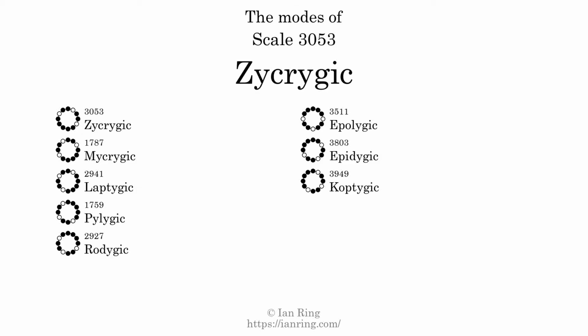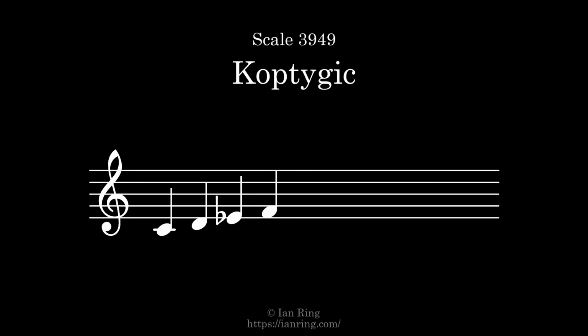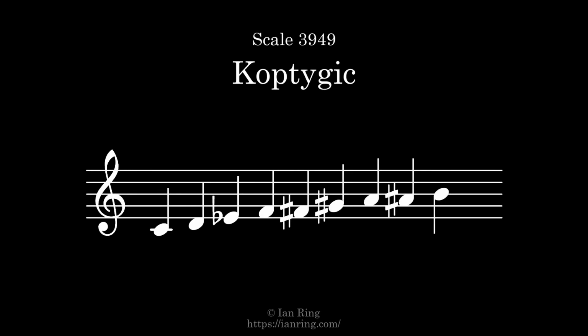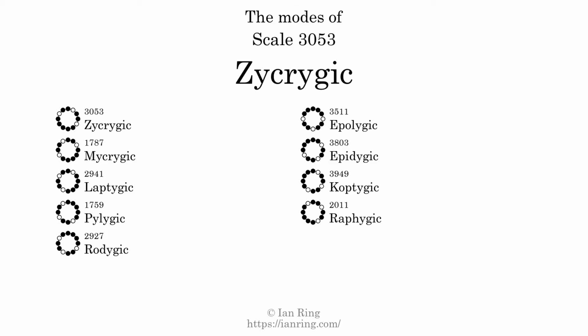The eighth mode is scale 3949, also known as Zycrygic. It sounds like this. The ninth and last mode is scale 2011, also known as Zycrygic. It sounds like this.